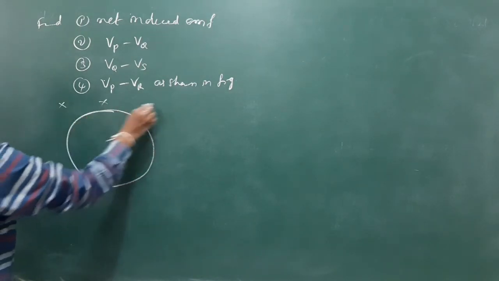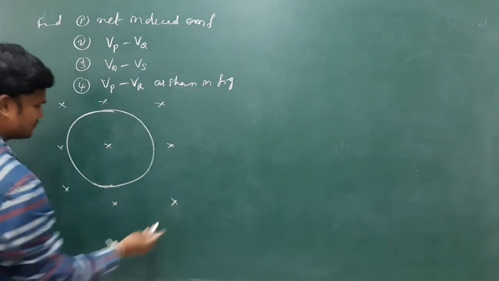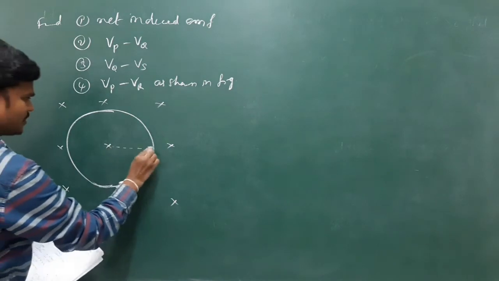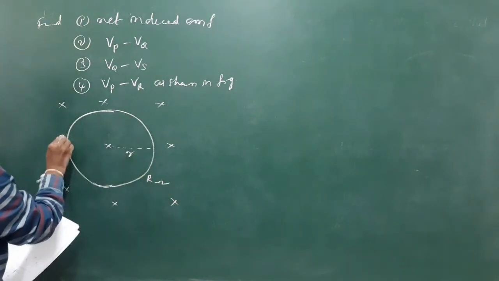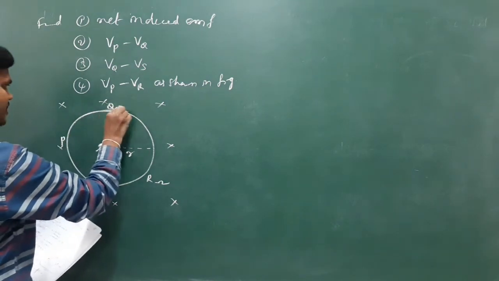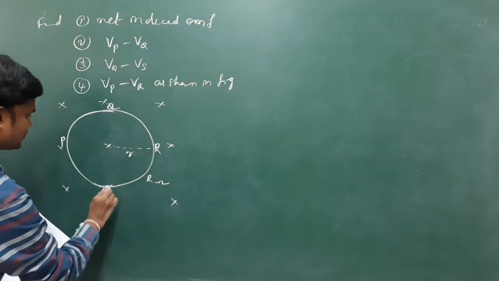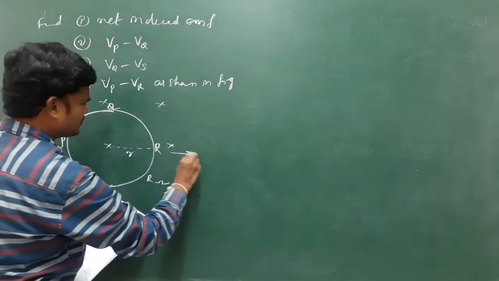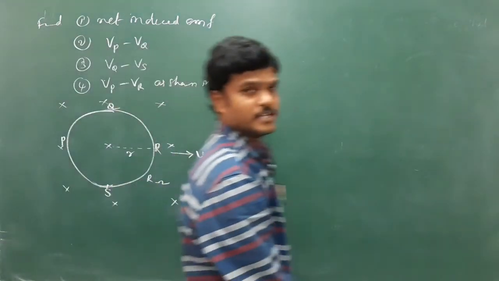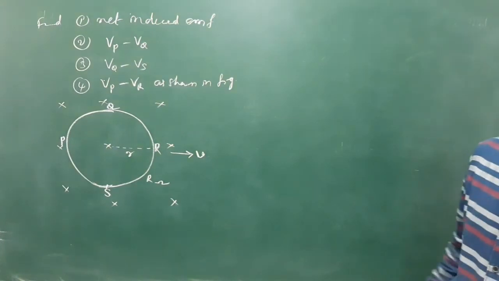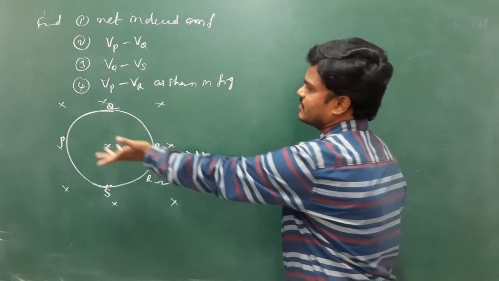See, the field is into the board, and the loop radius is given R. Loop resistance is R ohm. The names they given: P here, Q here, R here, and S, and the loop moves with a speed V. Target is to find the EMF in the loop, the net induced EMF, and the potential difference between any two points.